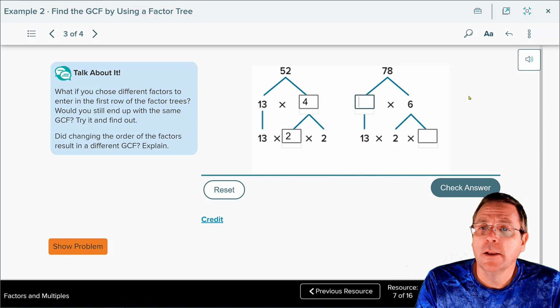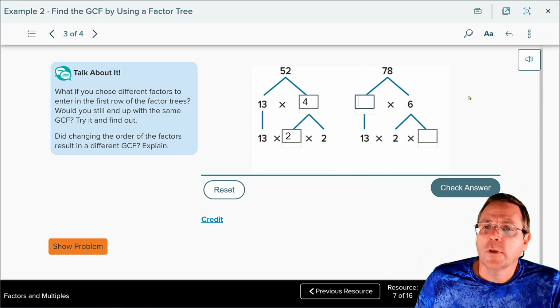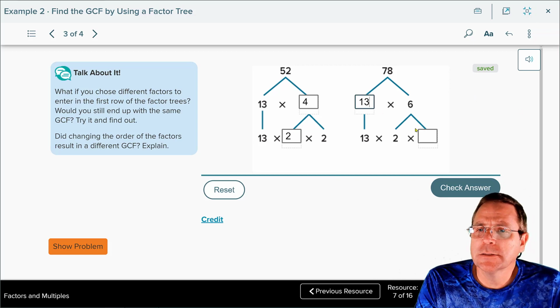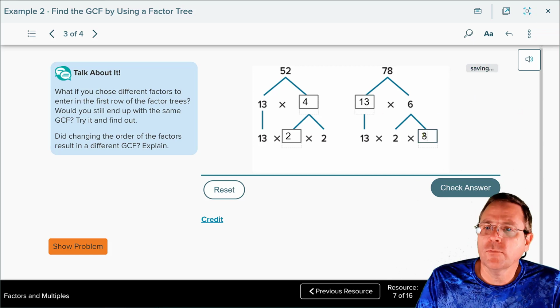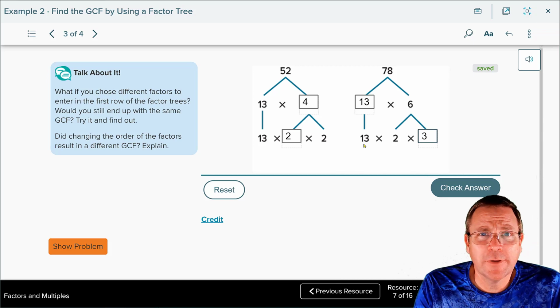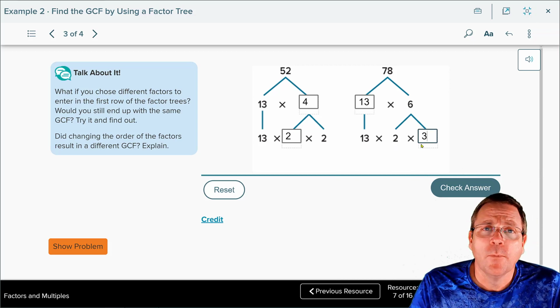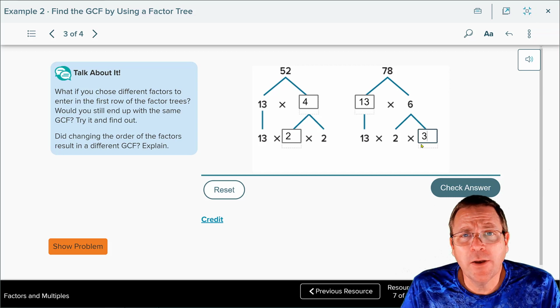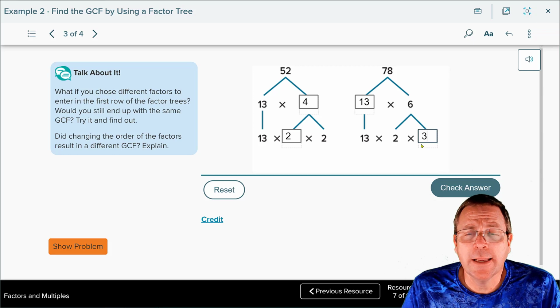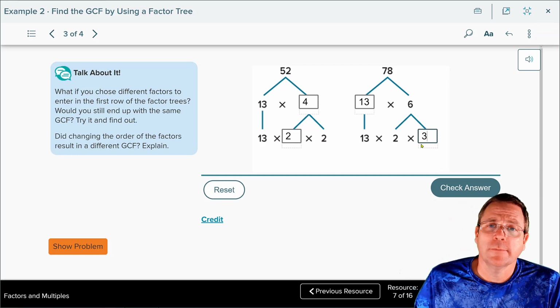Likewise, 78 could be listed as 13 times 6, and 6 is of course going to be 2 times 3, and what do you know, you have the same exact factors there as well: 13, 2, and 3. The point of that is it doesn't matter how you go about factoring it, in the end you're going to have the same exact factors as you would any other way you chose to go about it.